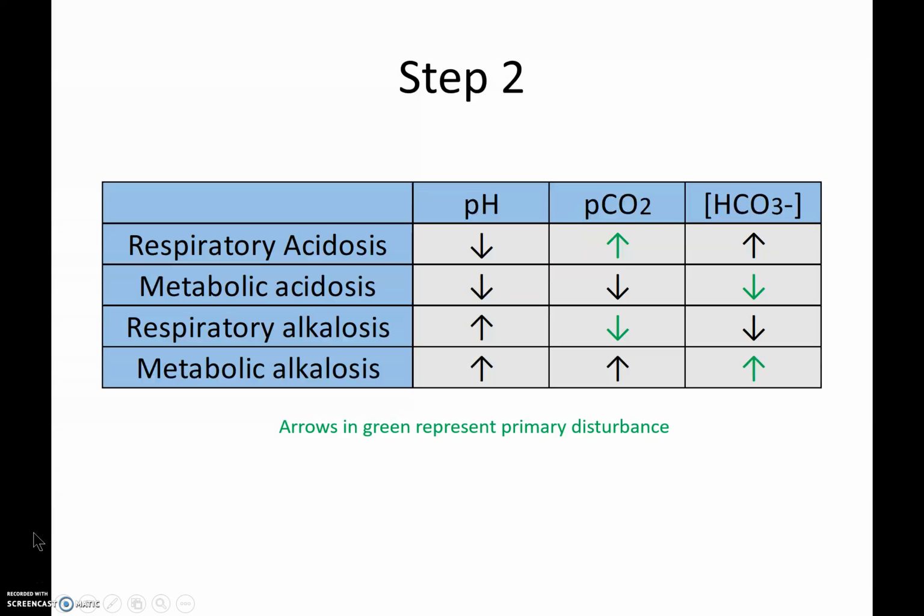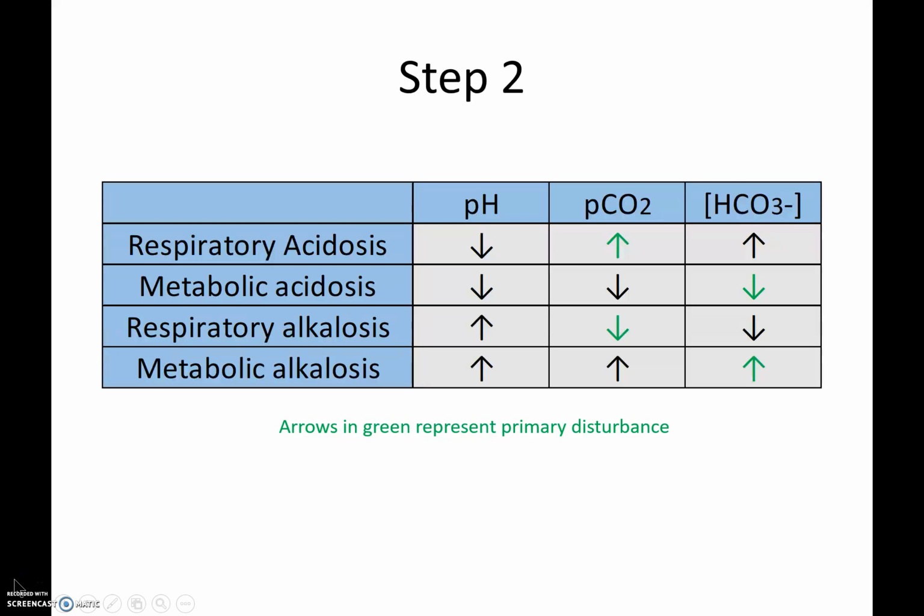It helps to think about it in an acid-base way: think of your PCO2 as your acid, and your bicarb is your base. So for example, with respiratory acidosis, if you have a low pH, so more acidic, you think about it that you are adding acid by adding the PCO2, and therefore that's leading to this acidosis.